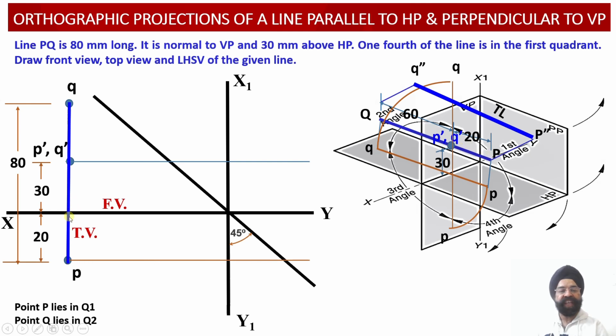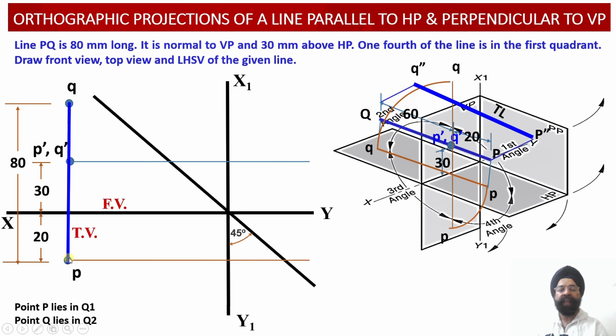Now this distance in front of the vertical plane, we have to transfer it into the profile plane as 20 millimeter from this particular vertical plane over here. So this distance in the top view will be translated as this 20 millimeter distance in the profile plane. So this is the 20 millimeter top view distance. This is the 20 millimeter profile view distance that we have converted.